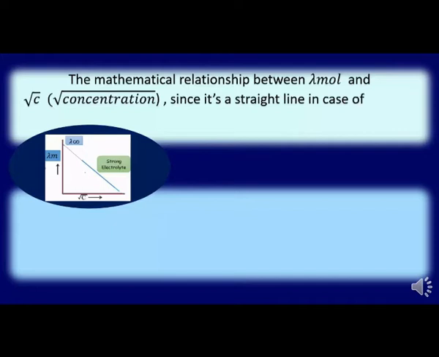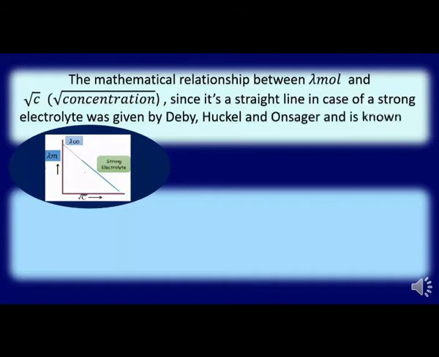Therefore, this relationship between molar conductivity and square root of concentration is known by their name, the Debye-Huckel-Onsager relationship.